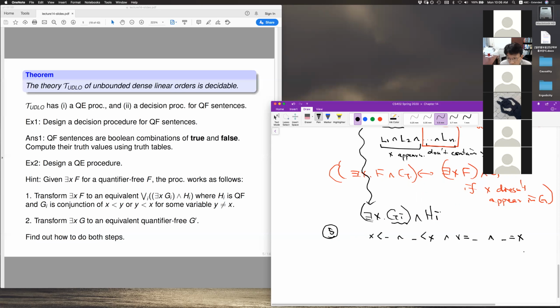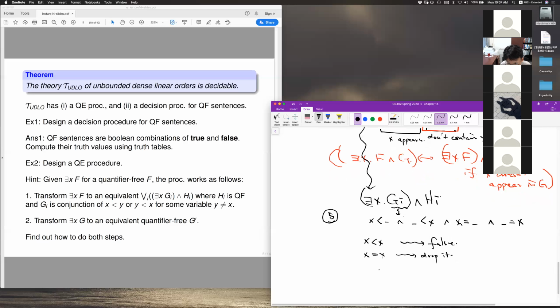So we do some pre-processing. If you see, for instance, X less than X, this will never be true because of the irreflexivity axioms. In that case, we just replace everything with false. And if X is equal to X, we just drop it, because X is always equal to X, so it doesn't carry any information.